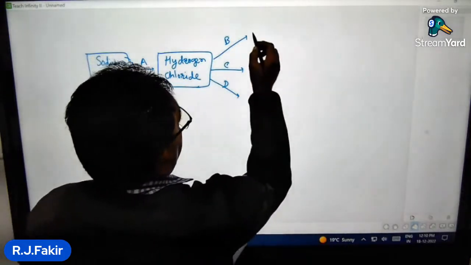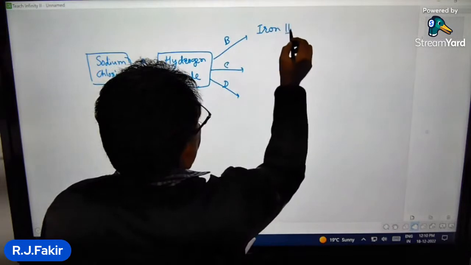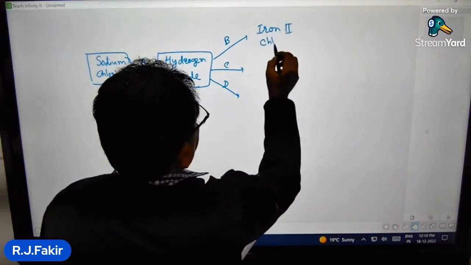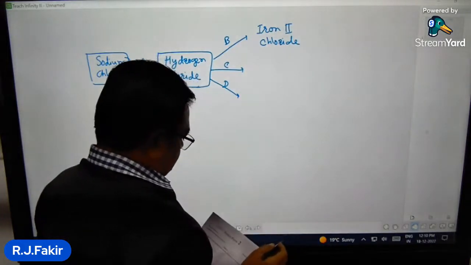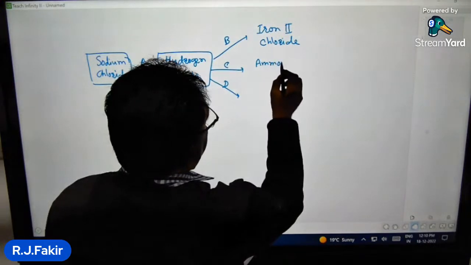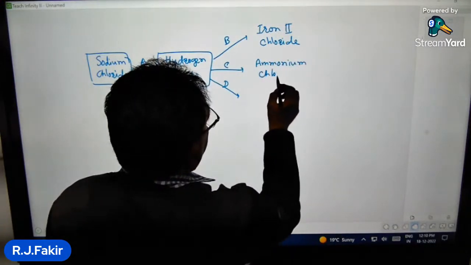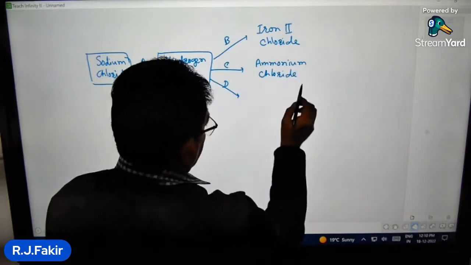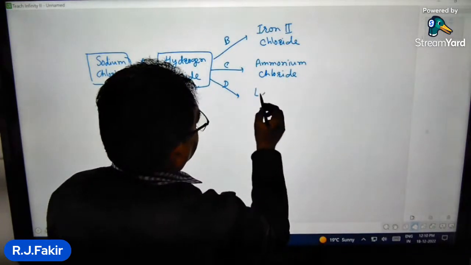Here you have iron 2 chloride, then you have ammonium chloride, and the third one is lead chloride.